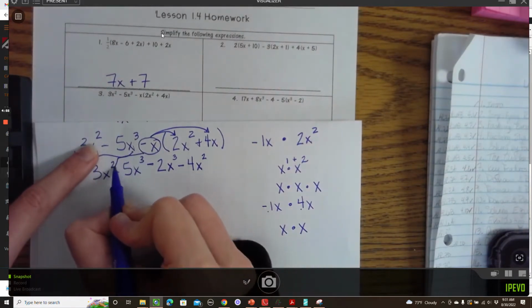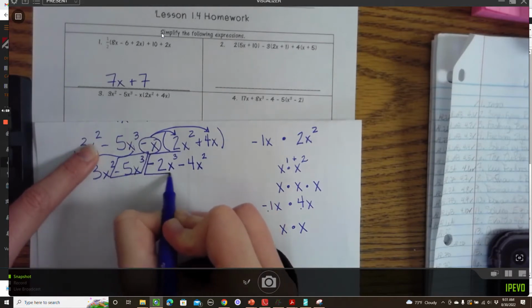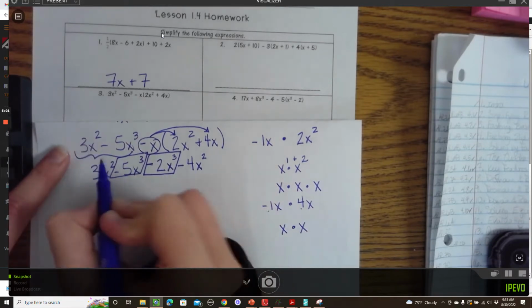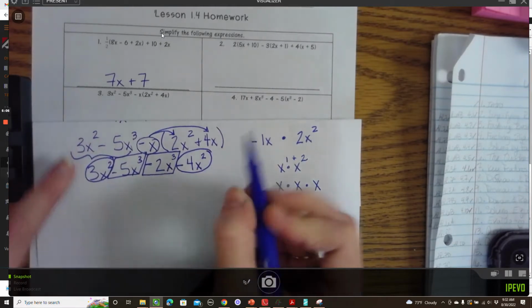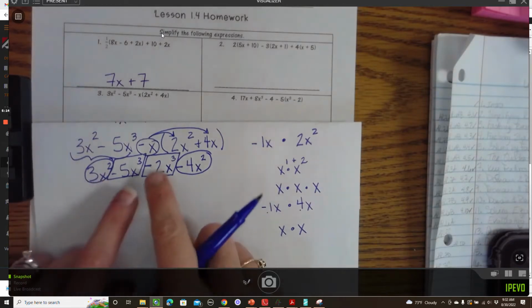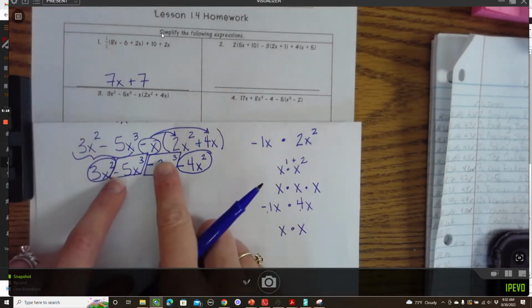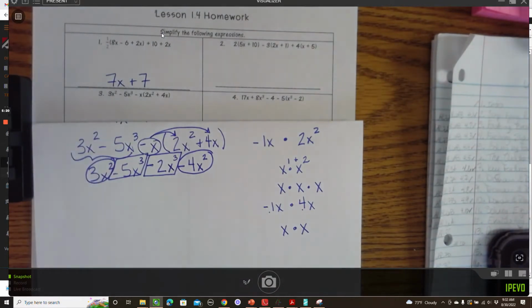So I've got a 5x cubed. I've got a negative 2x cubed, and then 3x squared and negative 4x squared. Remember, the exponents have to match to be able to combine. Biggest exponent goes first. Alphabetical order, biggest exponent. So 3 is my biggest exponent. So negative 5 plus a negative 2. What's that give me? Negative 7.